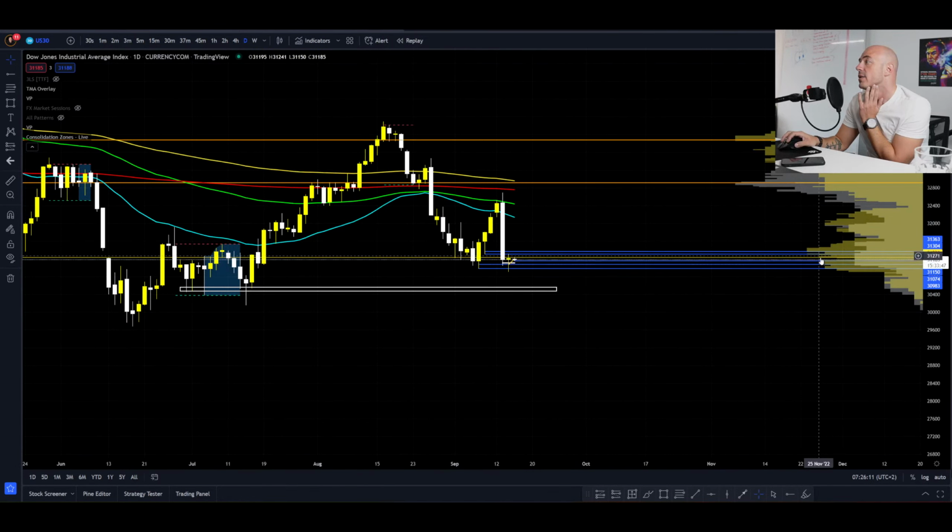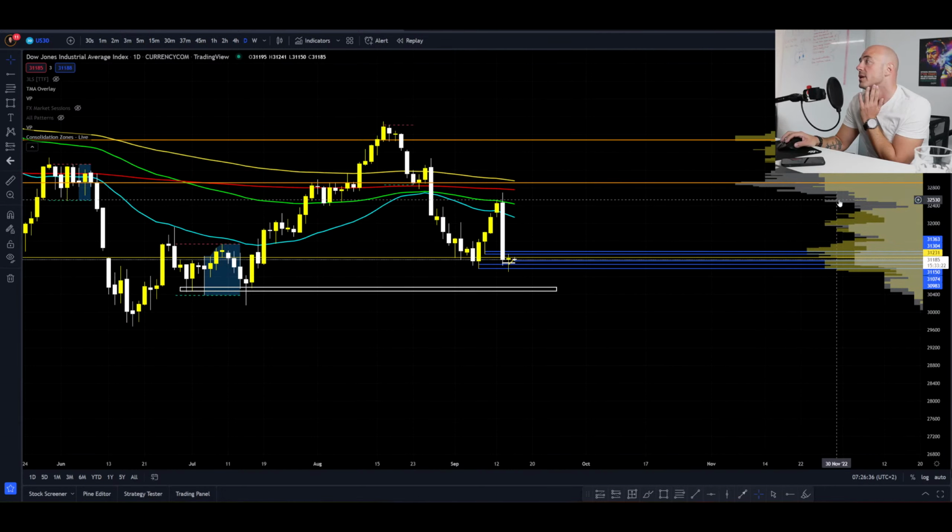Right here we have a lot of buying. In order for price to continue down to these levels, it needs more selling pressure. And the only way to get to the sellers is for the buyers to push it up again to this zone. Because right now, buyers are winning here, buyers are winning here.